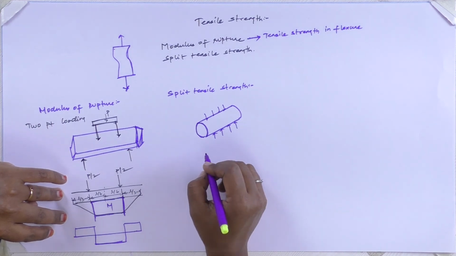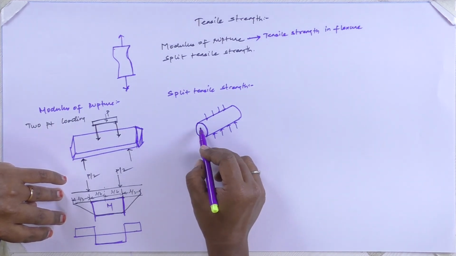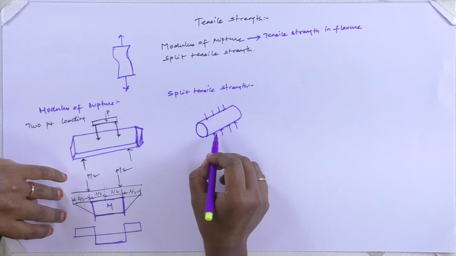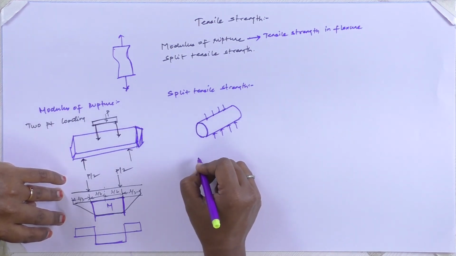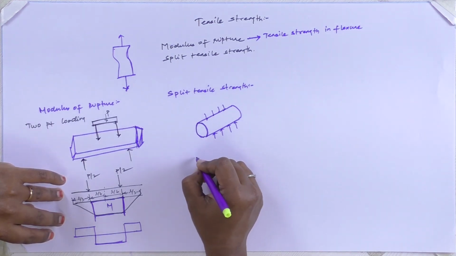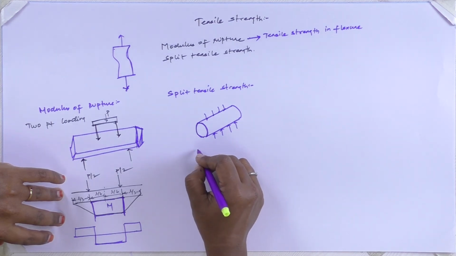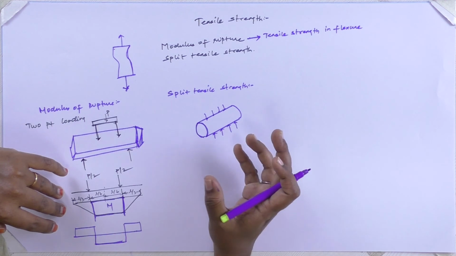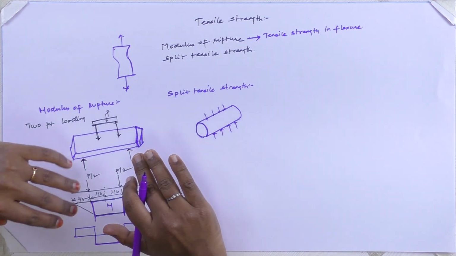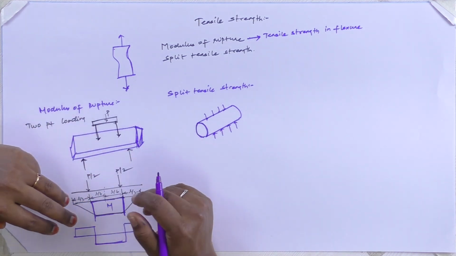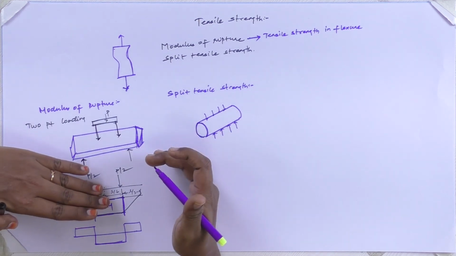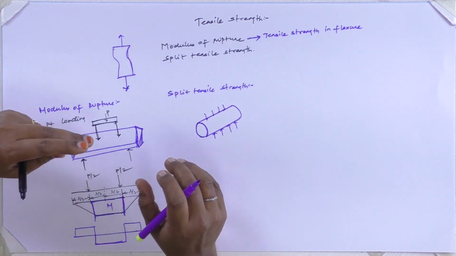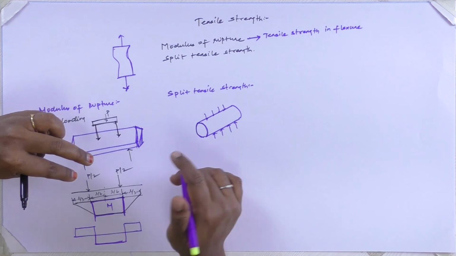Here, even though the member is subjected to compression, most of the area will be under tension. Likewise, what we discussed in the last lecture, even though a material is subjected to compression load, the material fails because of tension.